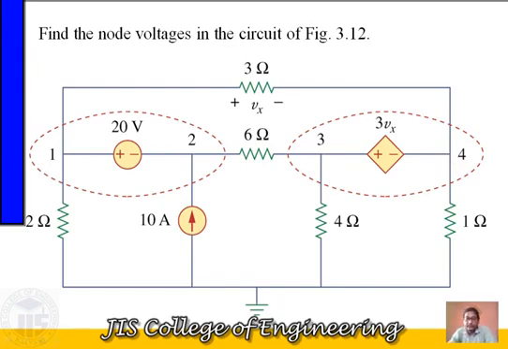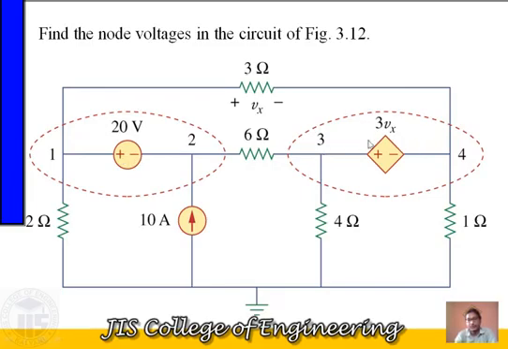Among these 5 nodes, first we are considering one node as the reference node. Except this reference node, node 1, node 2, node 3 and node 4 are the non-reference nodes. Now a voltage source of 20 volts is directly connected with two non-reference nodes. No more resistances are over here. These two non-reference nodes are directly connected by this voltage source.